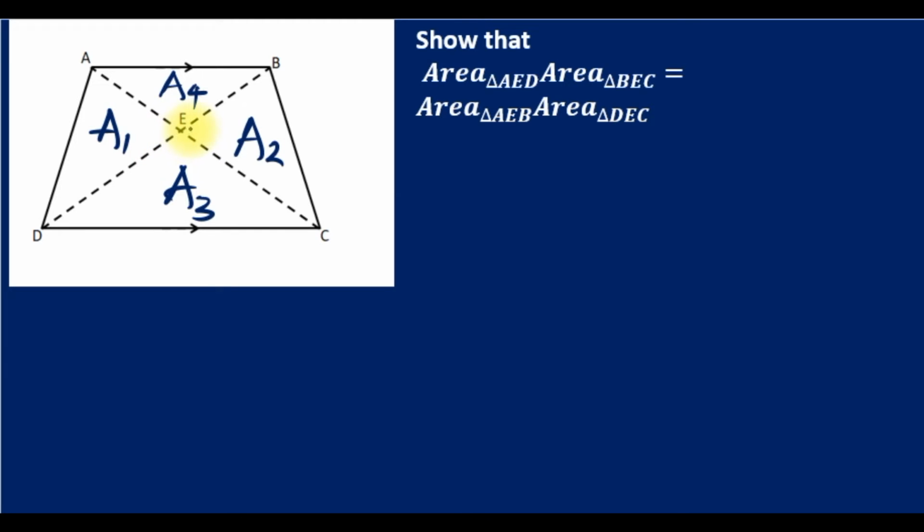Okay, let's call the angle here theta. By the vertical angle theorem, this is also theta. Again, this is a straight line, so this should be 180 minus theta, and by the vertical angle theorem, this is also 180 minus theta.